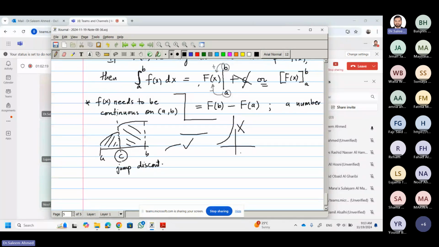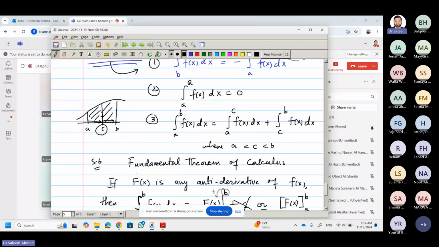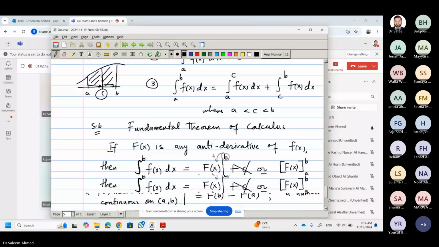If some function goes to minus infinity or plus infinity, that is not called it. Infinite jump is not acceptable. If that is the case, I will break. I will go from A to C and then go from C to B and get the answer. I will use that property, right? If there is a jump discontinuity, we can use this property that I wrote here, third property.